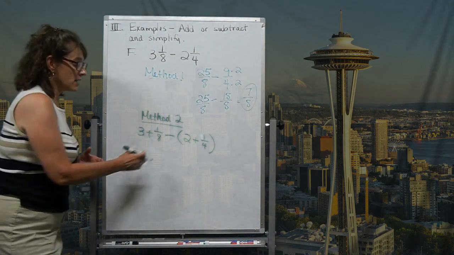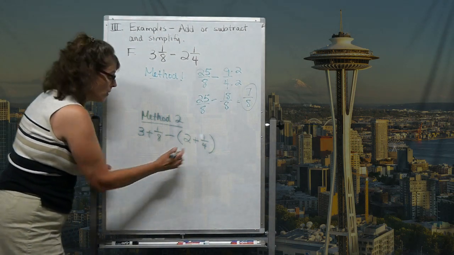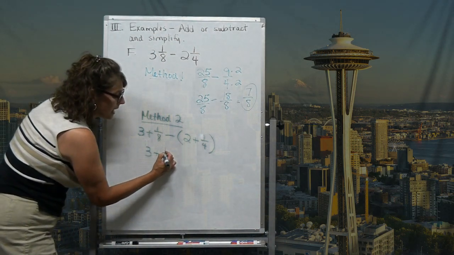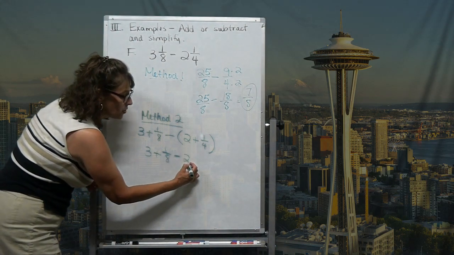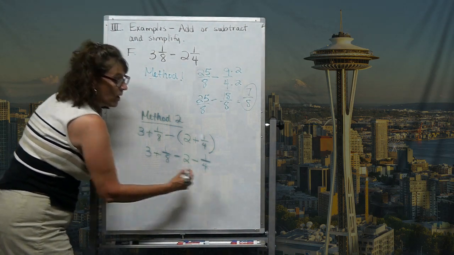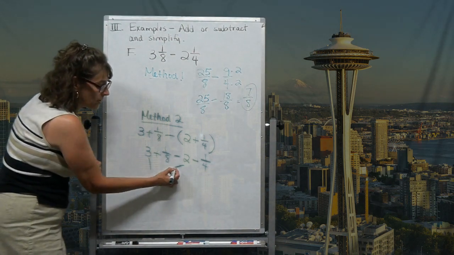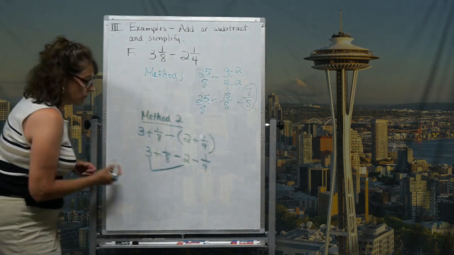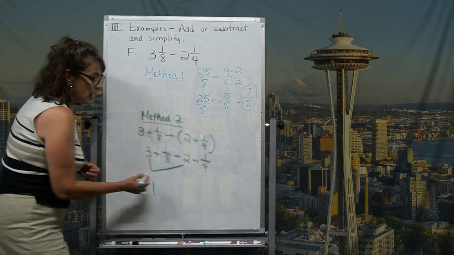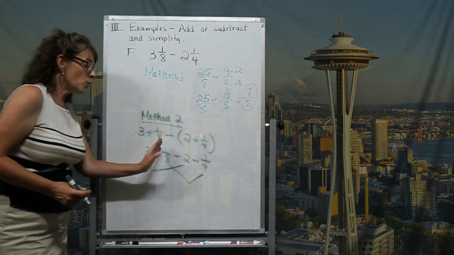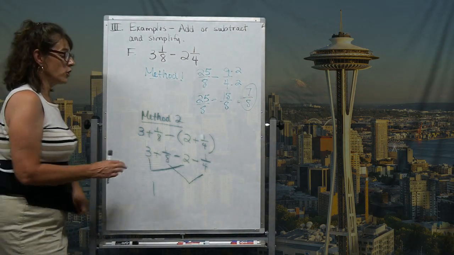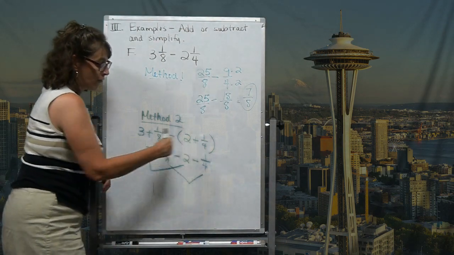You can look at it as distributing that negative through, which would mean that for 3 and 1/8, I'm going to take out the 2 and I'm going to take out the 1/4 as well. Here again, it's the idea of I'm going to work these whole numbers. 3 minus 2 gives me 1, and I'm going to work the fractional parts. So whether you distribute it through or not, you still need to look at this 1/8 taking out the 1/4.